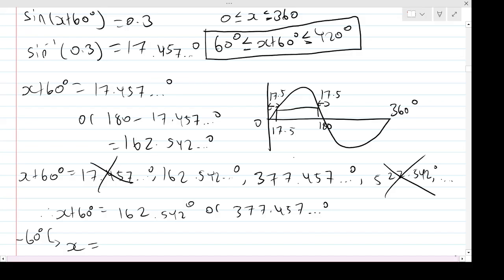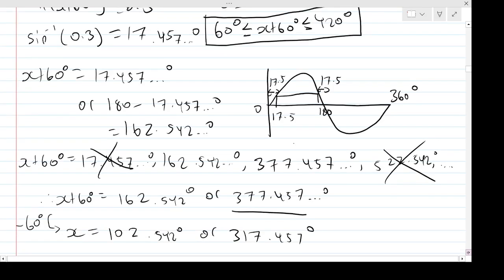So firstly, 162.542 take away 60, I get 102.542, or, and then this next solution, 377.457 minus 60, I get 317.457, and there we are.